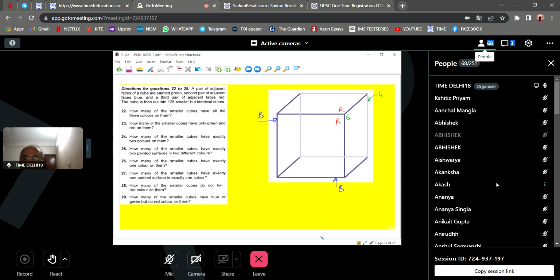Shubhi, your answer for 23rd is correct. Arushi, your answer for 25th, exactly two painted surfaces in two different colors, is correct.